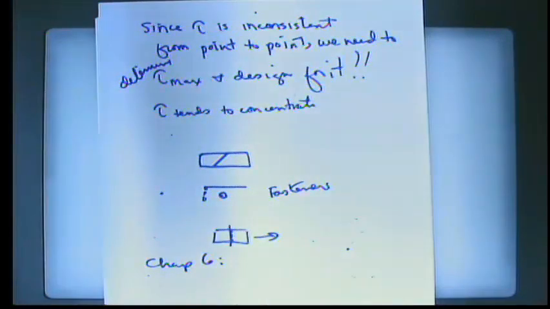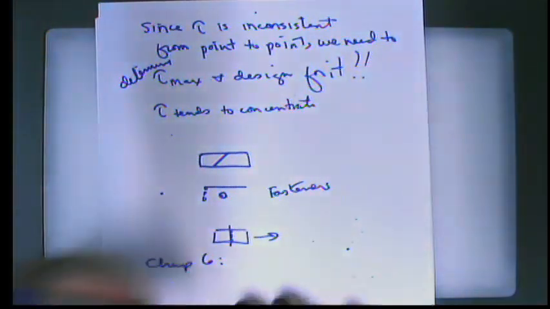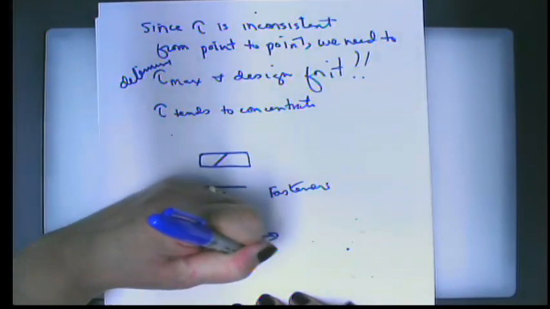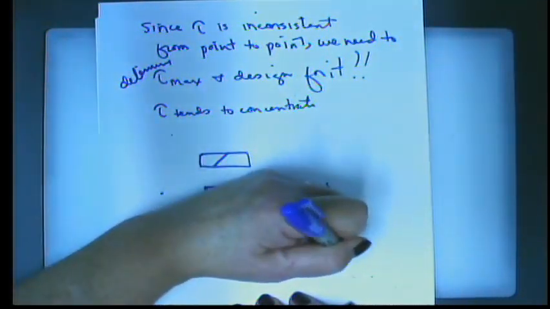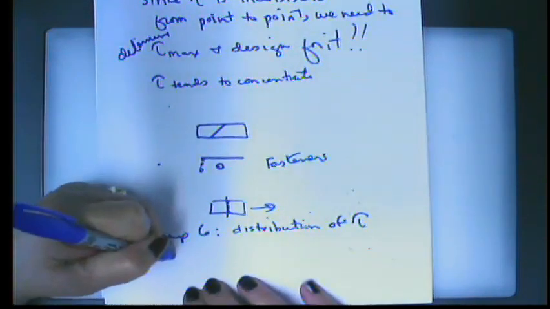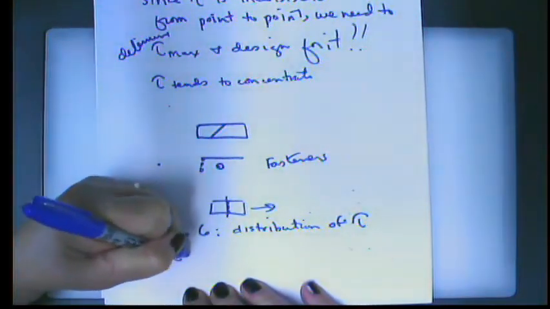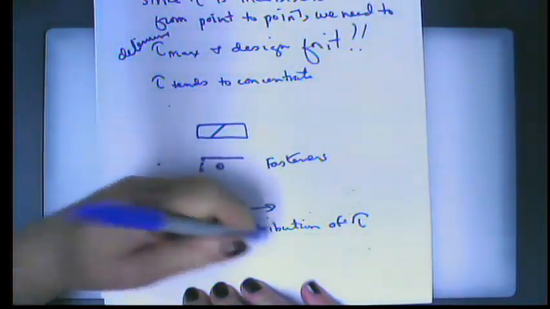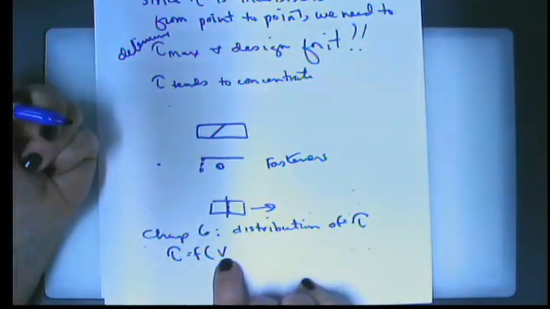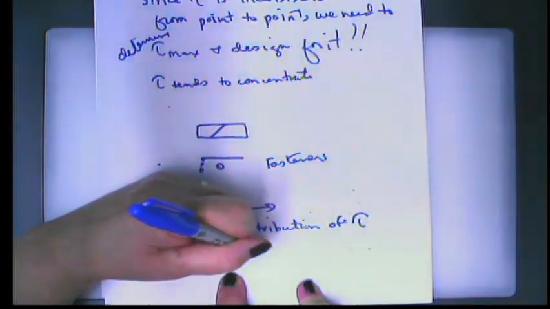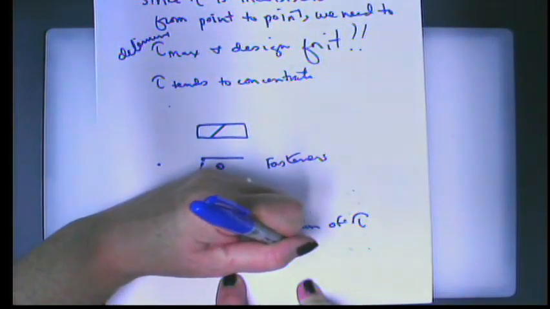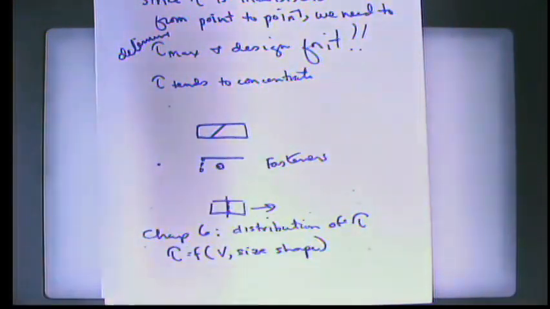So chapter 6, just in closing, is going to talk about the distribution of tau. Tau at a particular point is a function of V and the size and shape of the structural member.